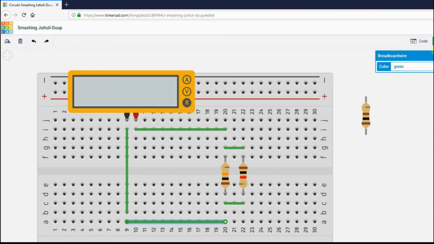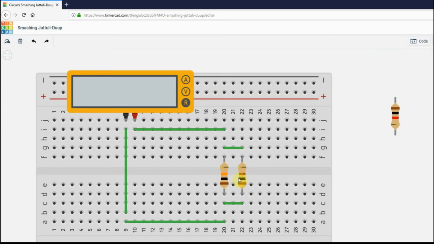Let me stop the simulation and replace this 1000 with this 100. And you should expect to see something less than 100. 99 ohms, which is just a little less than 100. Now what's interesting is you can see that it's very close to 100, but it is less than 100.